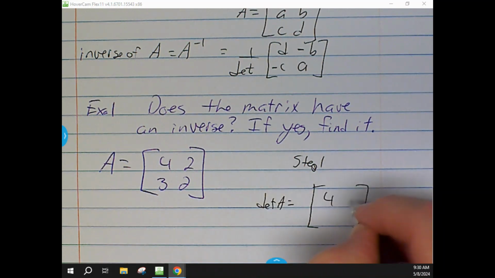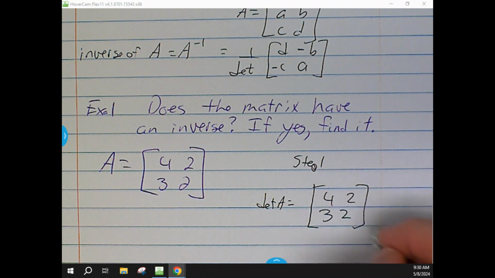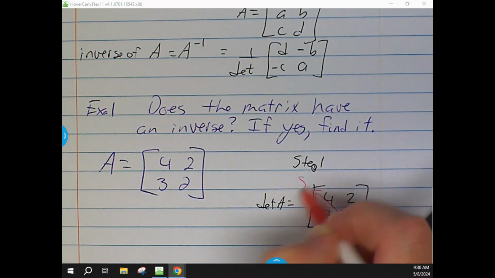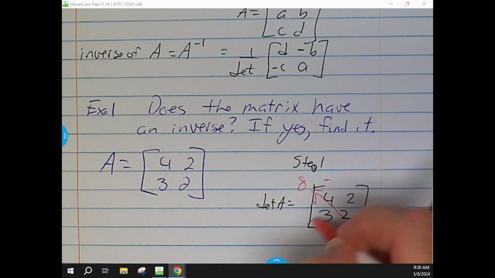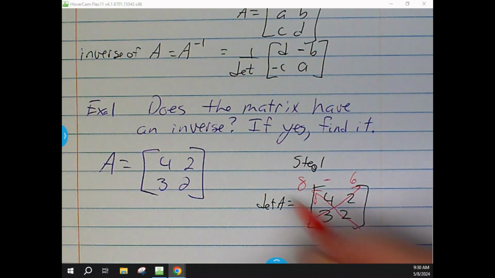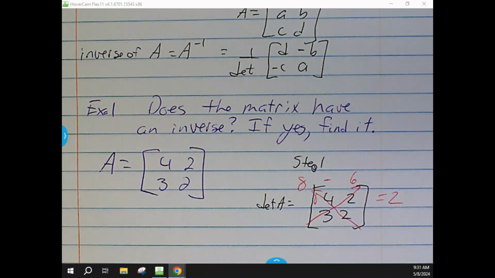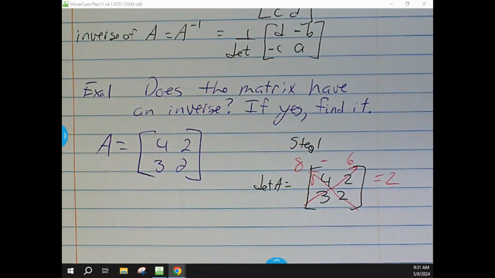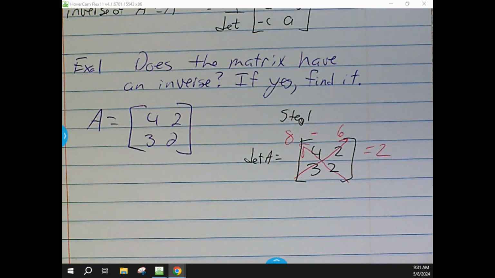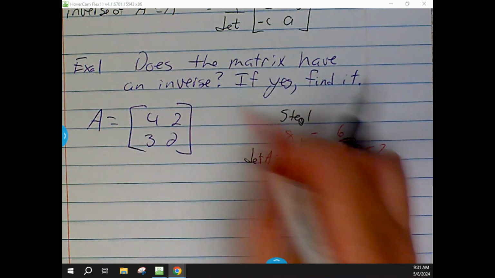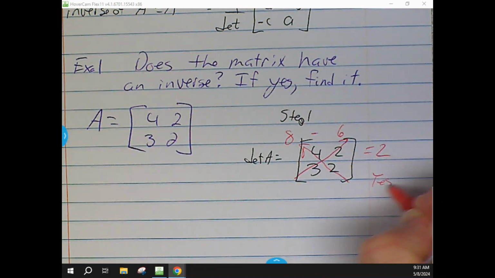So we're going to take that same matrix we've got here. We're going to do our cross products. We got 4 times 2 minus 3 times 2. So 8 minus 6 is 2. Again, anything other than 0 means it does have an inverse. So in this case, does it have an inverse? Yes, this thing does have an inverse.